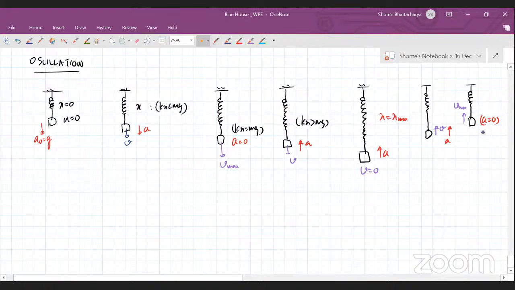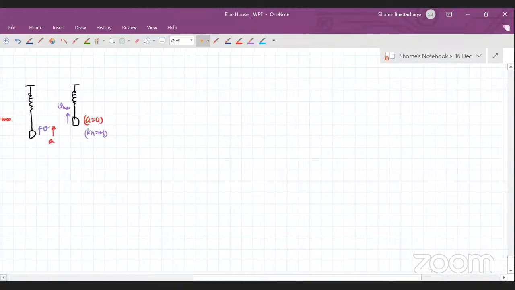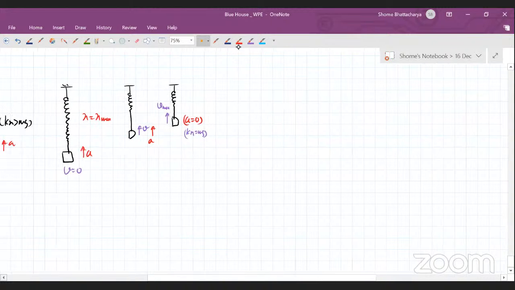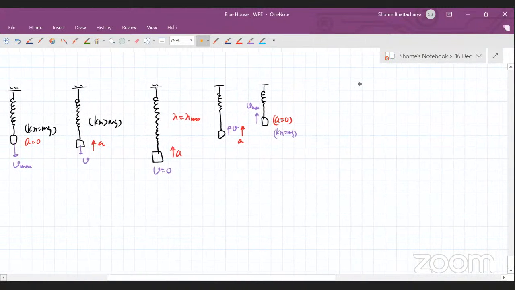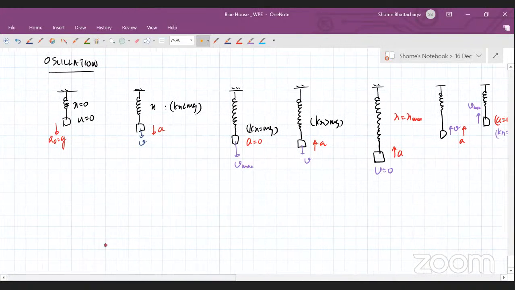So this is a position where kx is equal to mg. And then further up, till at some stage it reaches the x equal to 0 state. Okay, where again its v becomes 0. So it has the maximum downward acceleration of g. And then the whole cycle repeats itself. So this is the oscillation cycle.